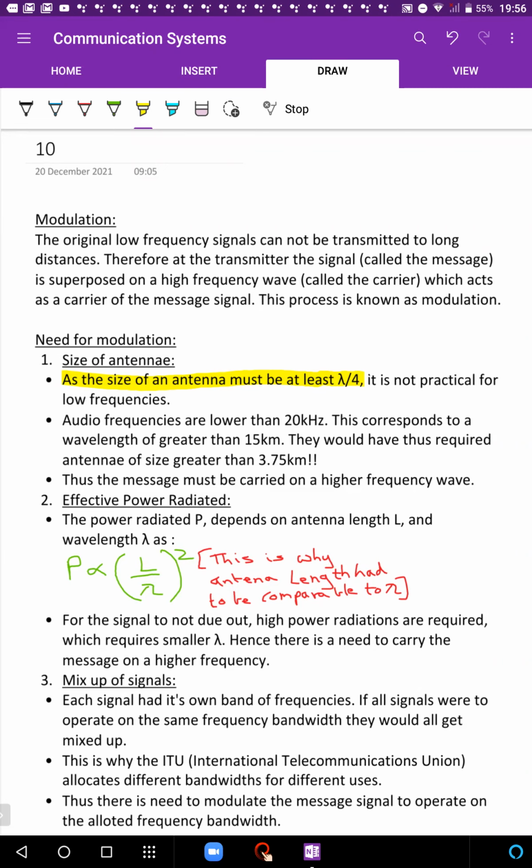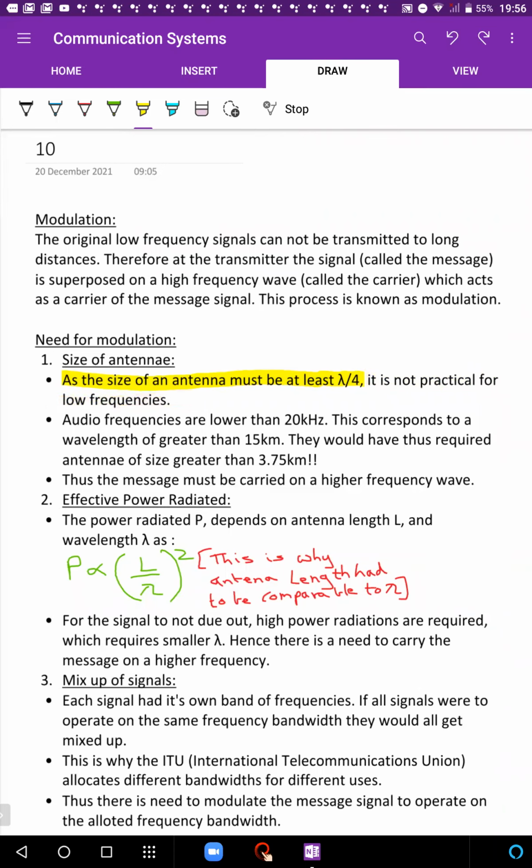So basically, bigger wavelengths and bigger amplitudes imply bigger antennas. So as the size of an antenna must be at least lambda by 4, it is not practical for low frequencies. Okay, the size is too big for low frequencies.